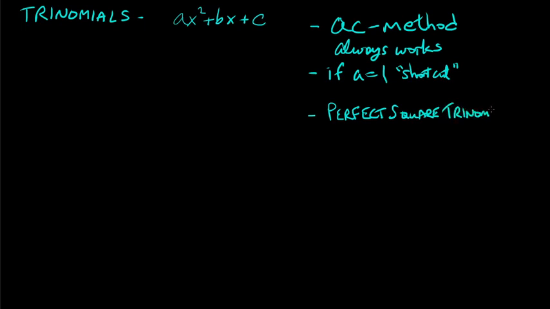And it's entirely possible that you've already seen some examples of perfect square trinomials, which you factored by using presumably the AC method. So the AC method will factor perfect square trinomials as well, but it's not necessary because there is a shortcut to doing perfect square trinomials.